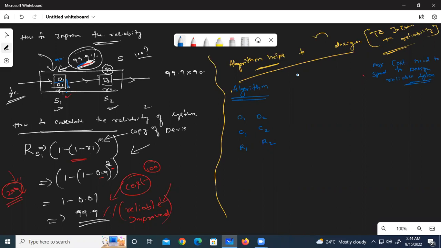Okay, understood? So maximum cost, suppose think like that, they are going to provide something to design one system. They are going to say a fixed cost, they are going to say cost of the system. Think like that, cost of the system. So I am going to use the notation C.